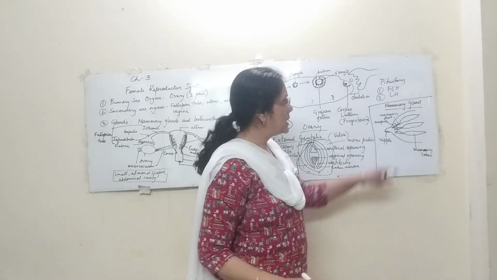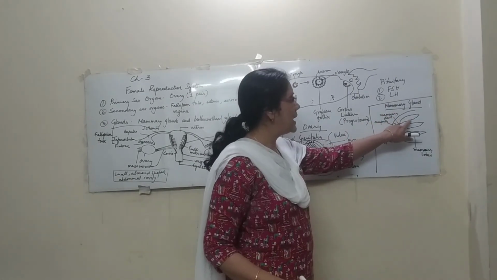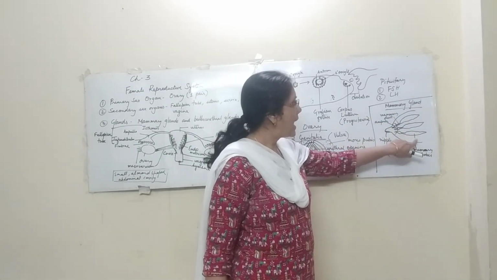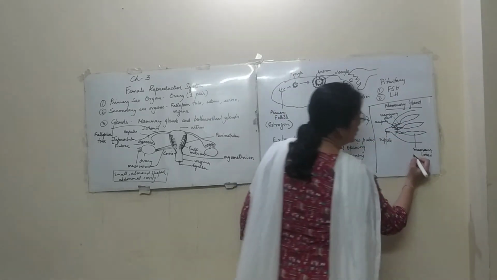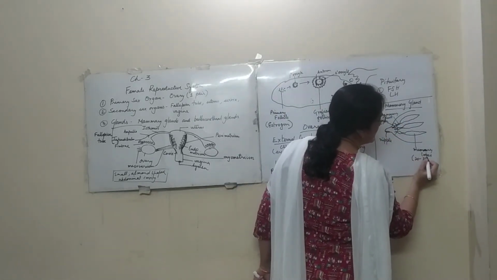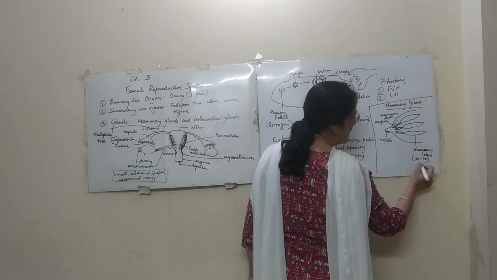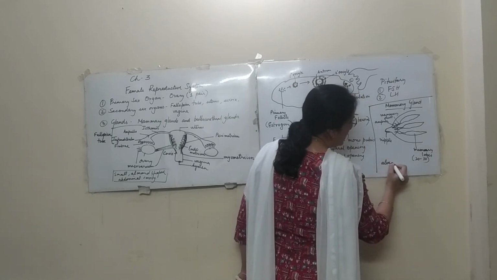Again I am repeating, the mammary gland is made up of a number of lobes, around 20 to 30 such lobes. Each lobe is made up of alveoli.